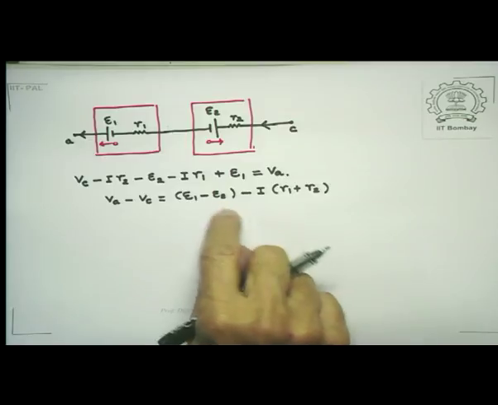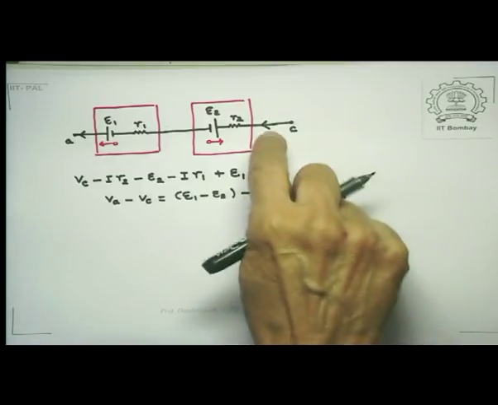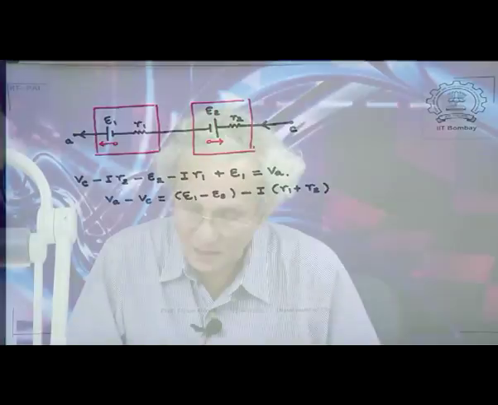So basically what we are trying to say is this, that the EMFs can also be treated as algebraic quantities, and depending upon the direction in which the current is moving, if the current goes out from the negative terminal to the positive terminal, then of course the EMF is positive, but on the other hand, if the reverse happens, then it is negative.